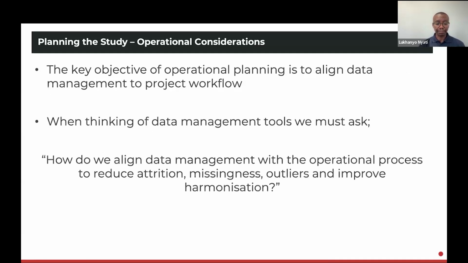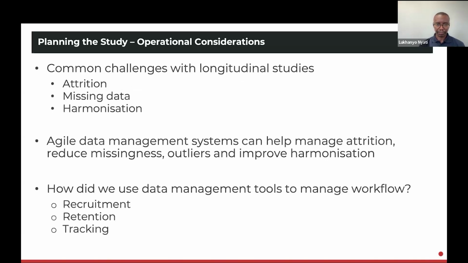Now, in terms of the operational side of planning, the key objective is to align the data management to project workflow. And the important question, as I said earlier, is how do we align the data management with the operational process to reduce these challenges that we experience in longitudinal studies, such as attrition, missingness, outliers, as well as poor harmonization of data.